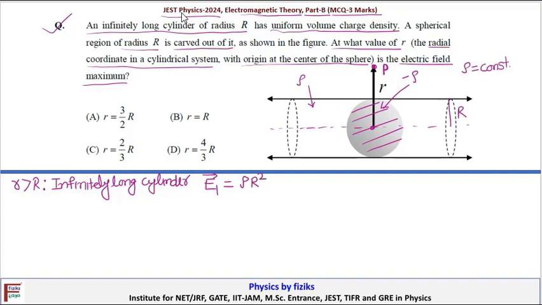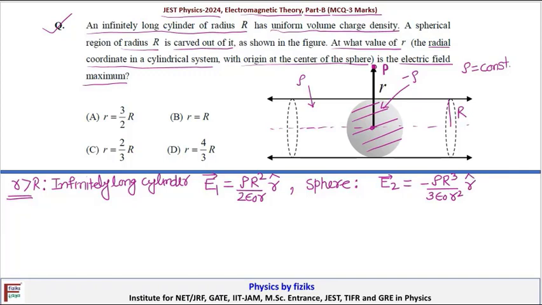This is rho R square by twice epsilon naught r r cap. This is the field due to the infinitely long cylinder. Now we will also find the field due to the sphere at the same point having charge density rho. So the electric field E2 will be given by minus of rho R cube by 3 epsilon naught r square r cap.